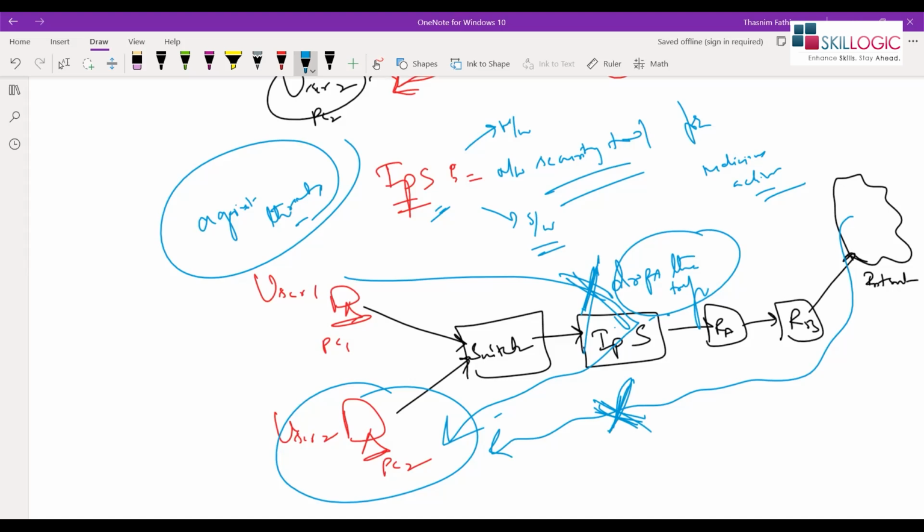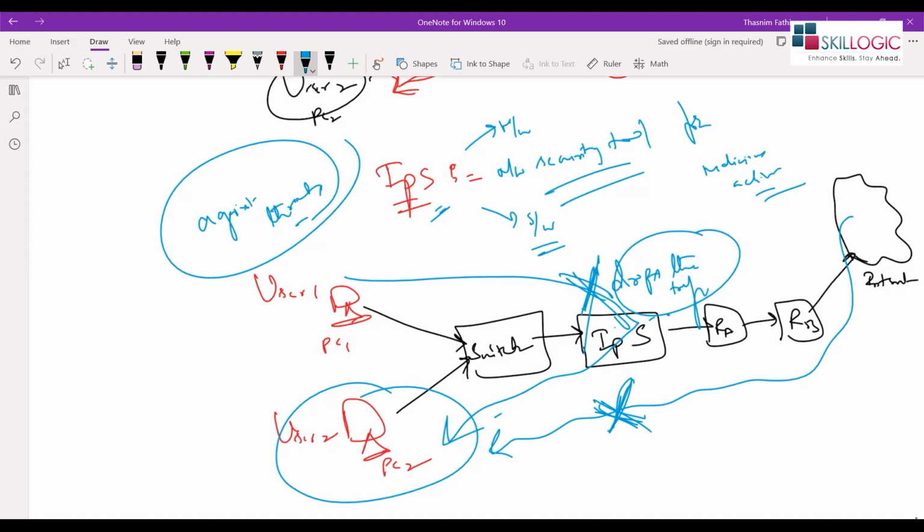So in IPS, we have both signature based as well as anomaly based IPS. They actively scan forwarded network traffic for malicious activities and try to detect it, and they are known with attacking patterns.